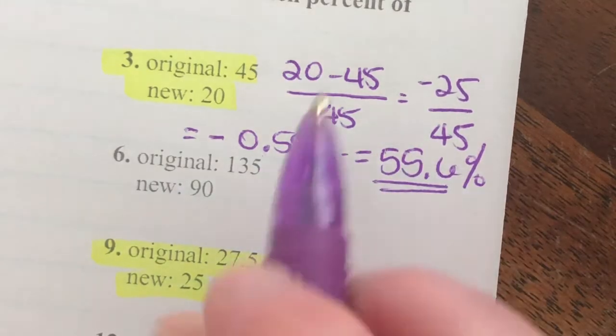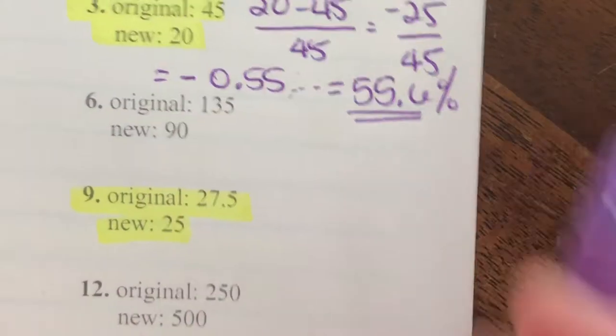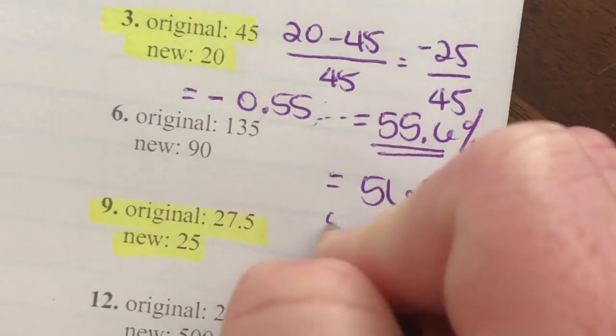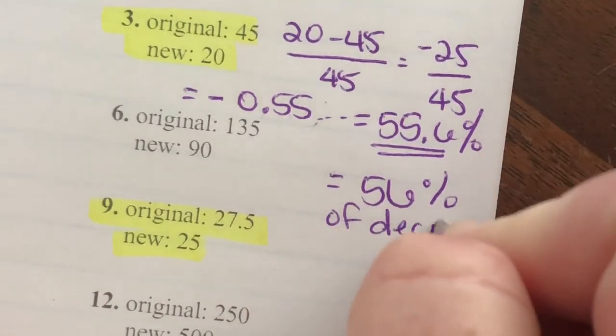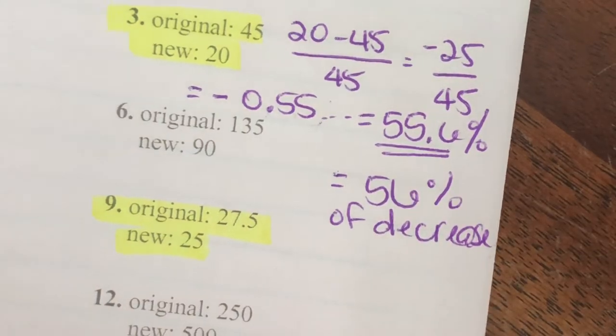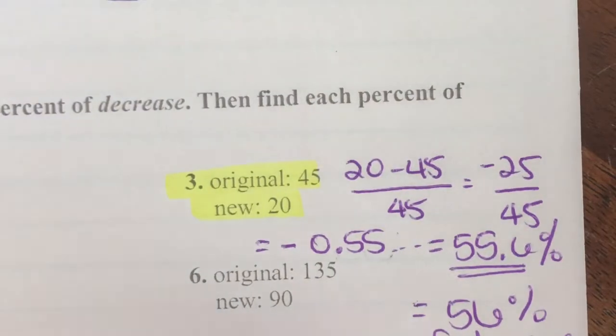Usually it tells you to round to the nearest whole number. Did it say that? Yes, round to the nearest whole number in the directions. So we would actually round this to 56%. 56% of decrease. You have to say it's decreasing. It didn't go up 56%. It went down 56% to get from 45 to 20.